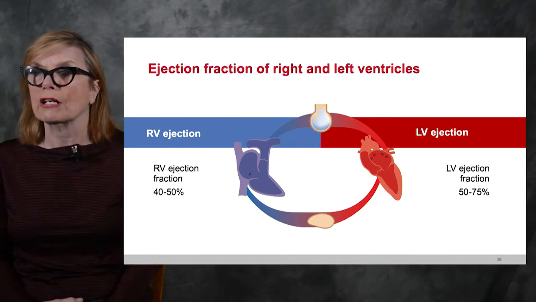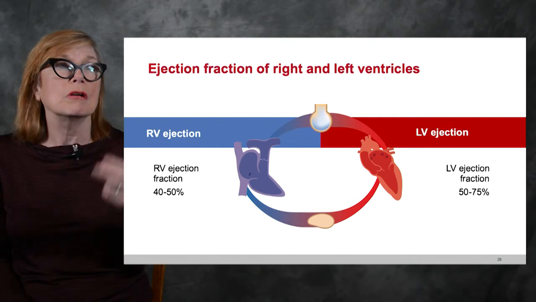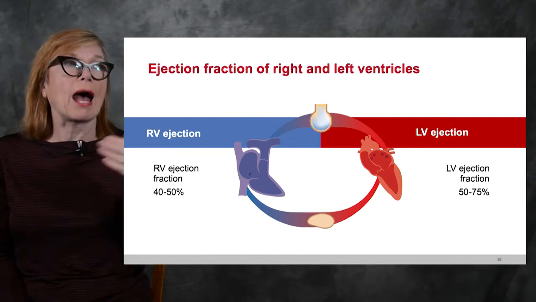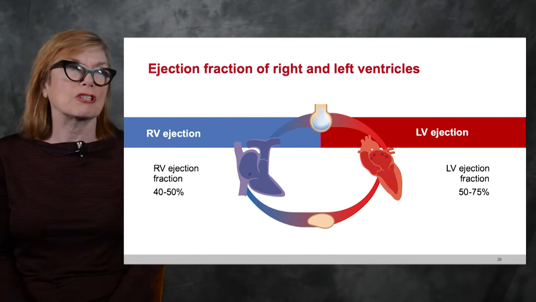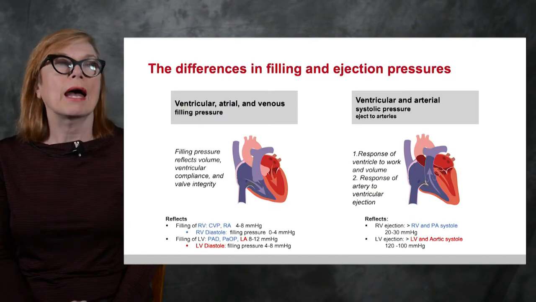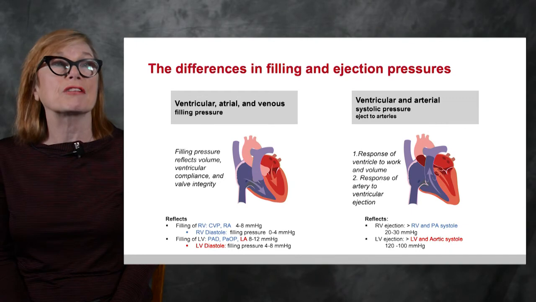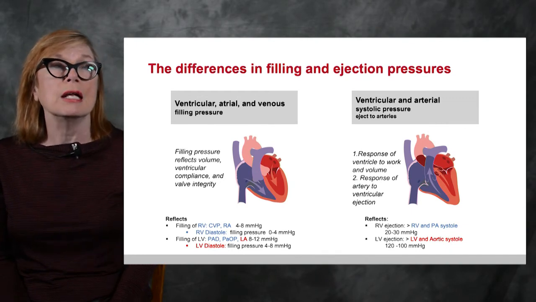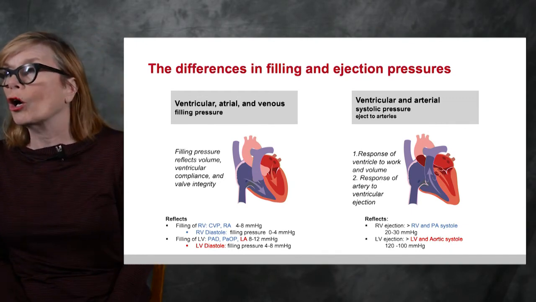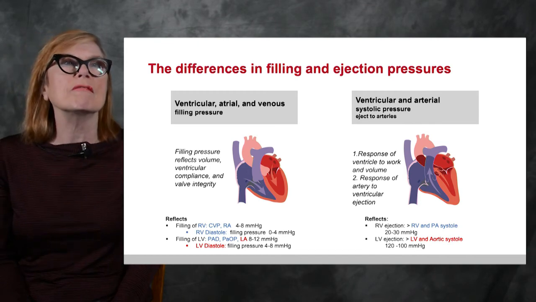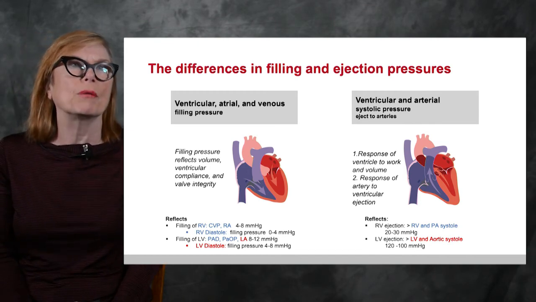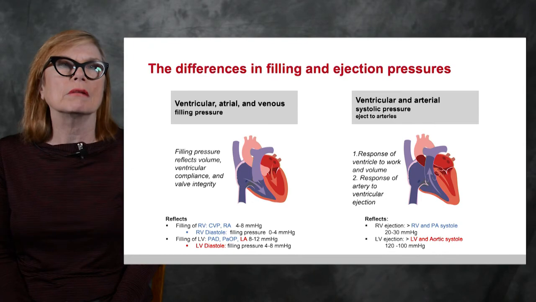Different ejection fractions, different filling pressure, different tension required, afterload, and different ejection fractions between the right and the left heart. So we always want to remind ourselves about the difference in filling and ejection, in tension and in work, and in the ejection fraction that is measured of both the right ventricle and the left ventricle.